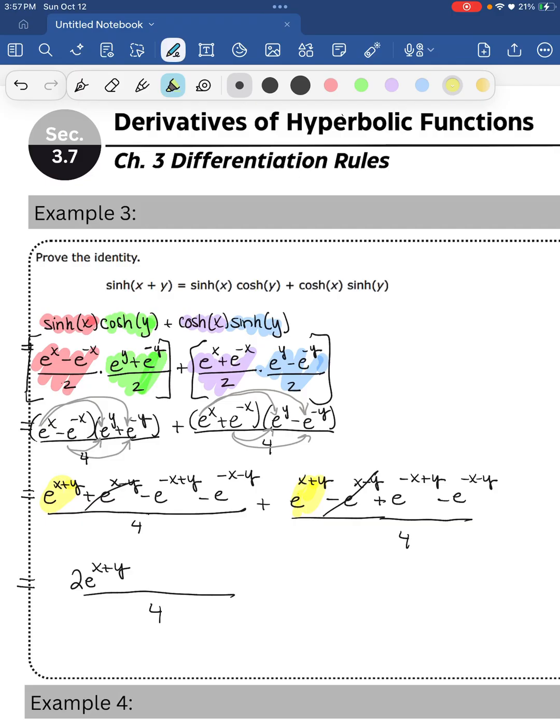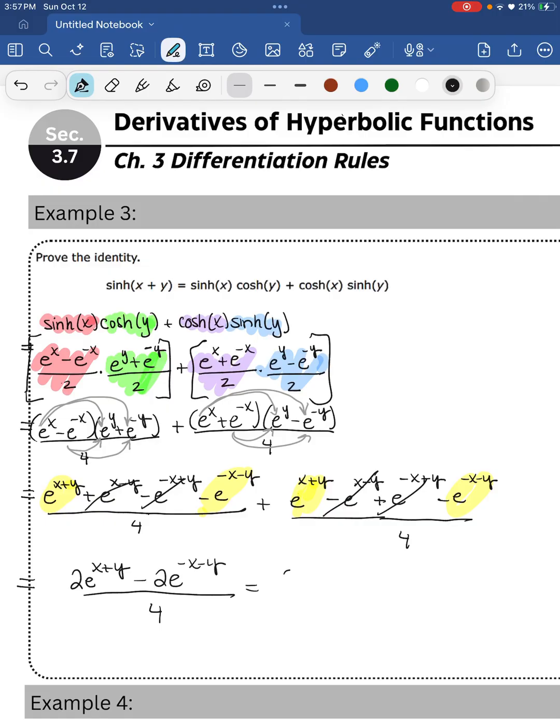All right, let's take a look at some derivatives, and then we'll be done with this section. Here you go. Let's find the derivative of h of x, which is equal to sinh of x to the 6. Okay, so this is definitely a chain rule.